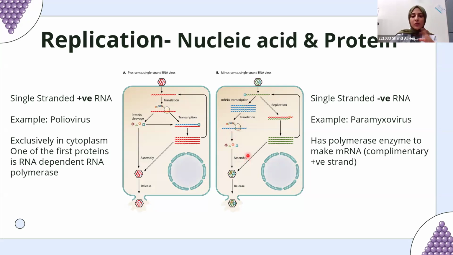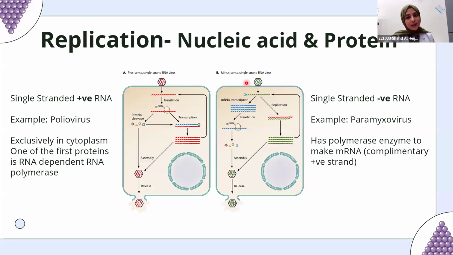Then the proteins will do their own thing, and then they'll be assembled and the virus released. But remember that positive-stranded RNA will right away start working and do its own thing. Negative strand needs to go through the whole process to make the complementary positive strand and then start translation, and so on. Good?